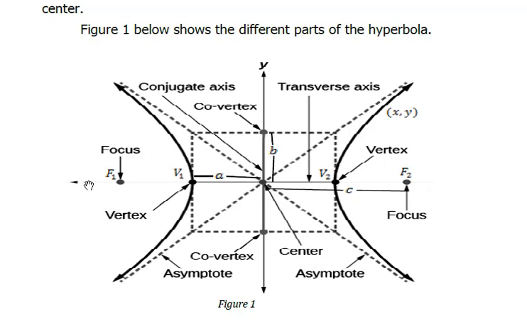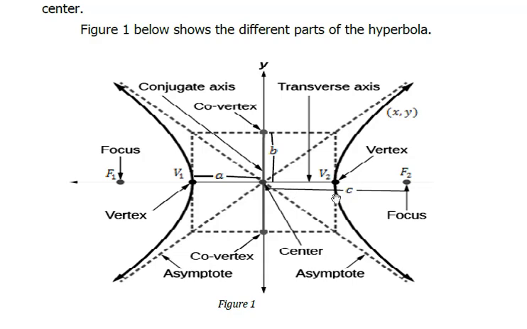Now, this line here is the x-axis and the y-axis. In this particular hyperbola, we have A units from the center going to the vertex. And from the center going to F1 is what we call C units.